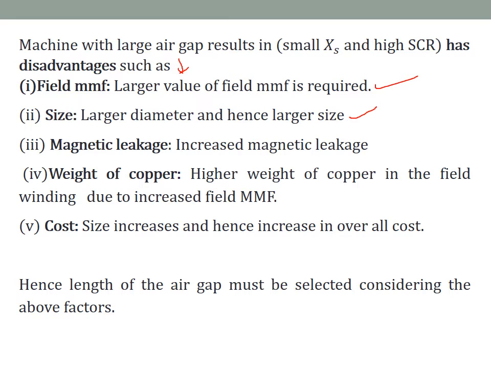Then magnetic leakage increases. The weight of copper in the field winding is higher due to increased field MMF. Cost and size increase, and hence overall cost increases. Hence, the length of the air gap must be selected considering the above factors.